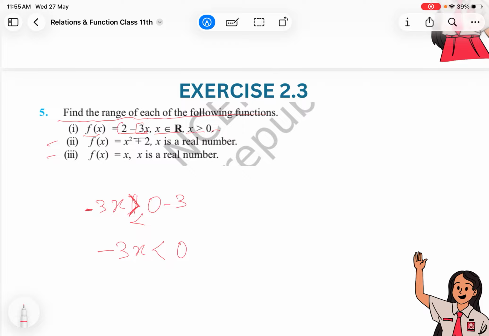Okay, then we have to add 2 to both sides. Now you see, 2 minus 3x is less than 2. So the range will be minus infinity, not included, to 2, that is also not included, and that is the answer.